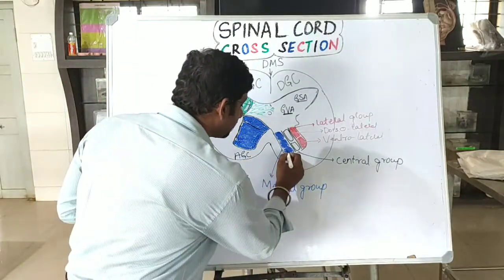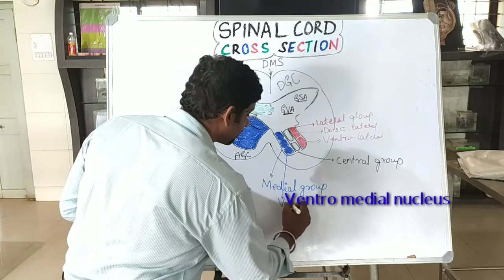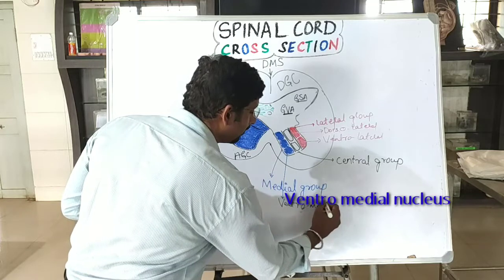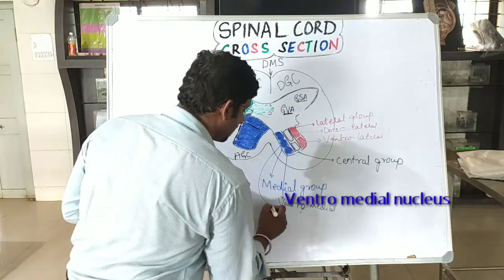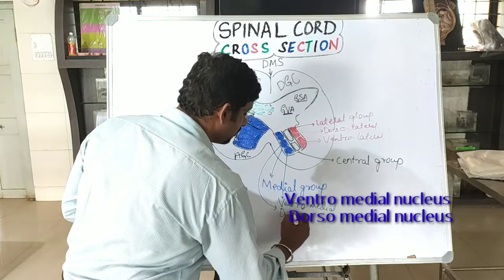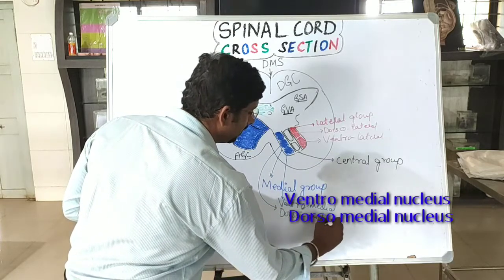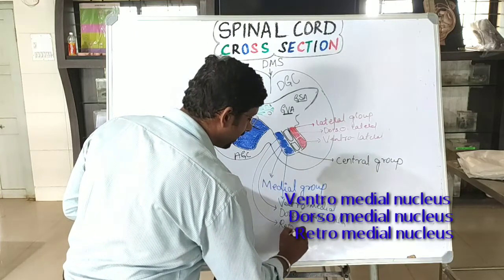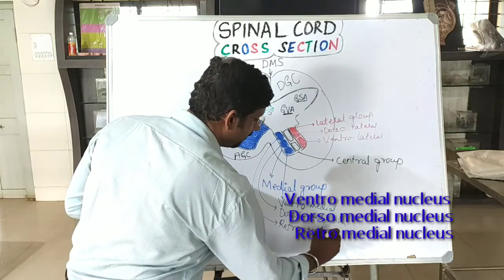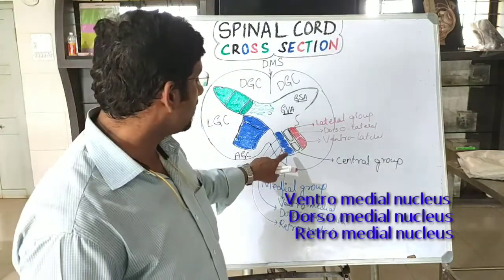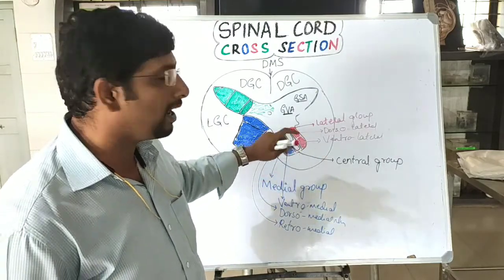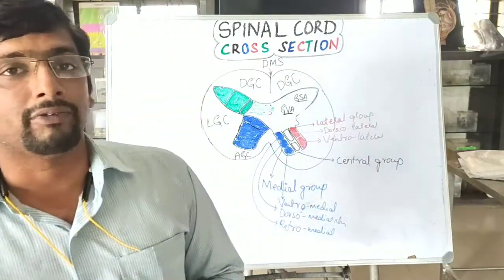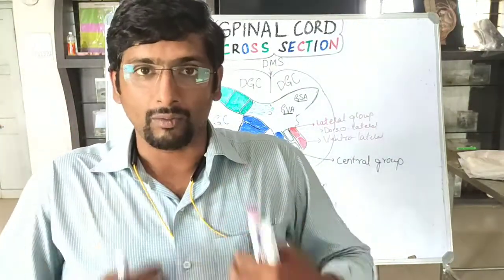This is the ventral side, so this is the ventromedial nucleus, this is the dorsomedial nucleus, and this is the retromedial nucleus, because it is present behind. So 3 subdivisions: ventral, dorsal and retro, behind. So what are these medial groups, present medially, going to supply?